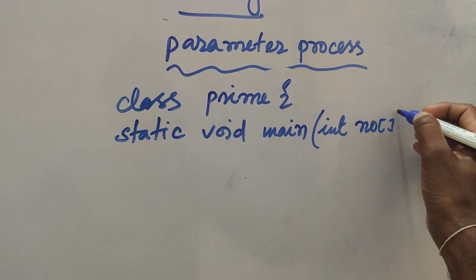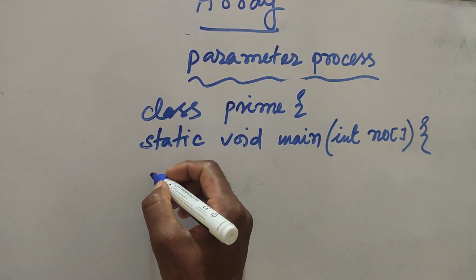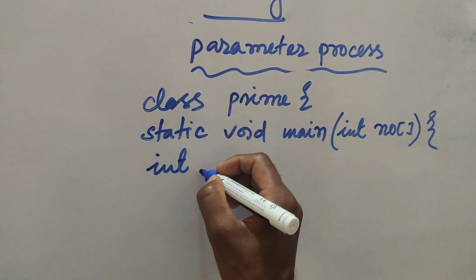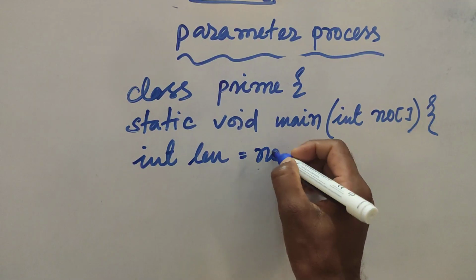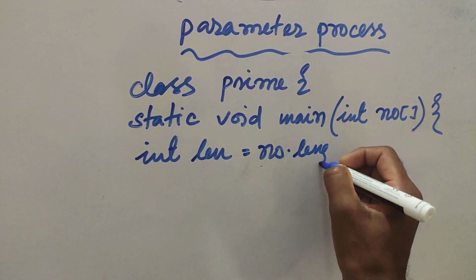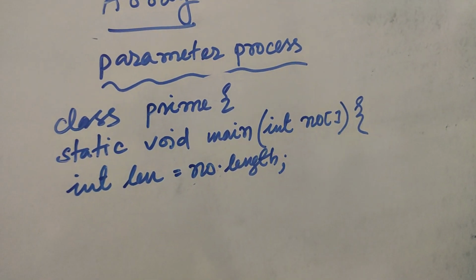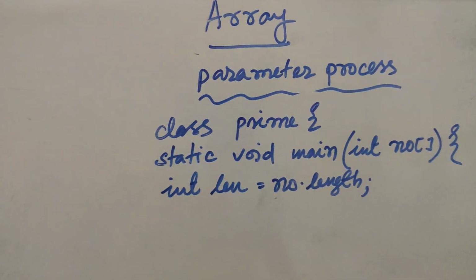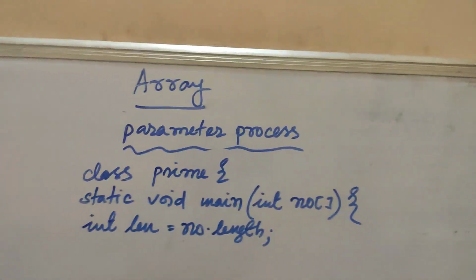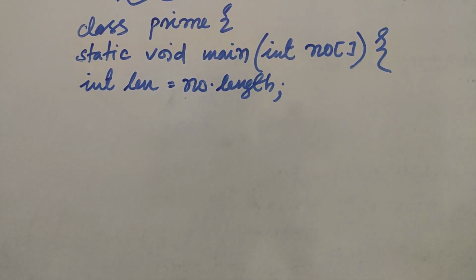To find out the length, I said you need to give the variable name no, so you write it this way: no dot length. You don't need to write anything else, only no.length. With that, you can input 10 values, 20 values, 30 values, no matter. Okay, now the value input part is completed.